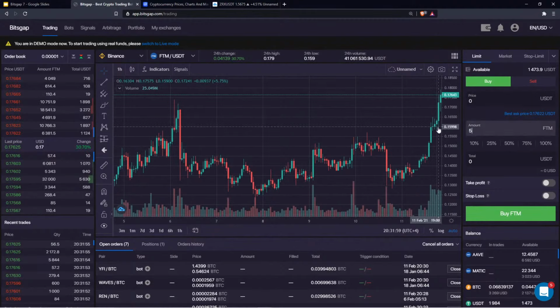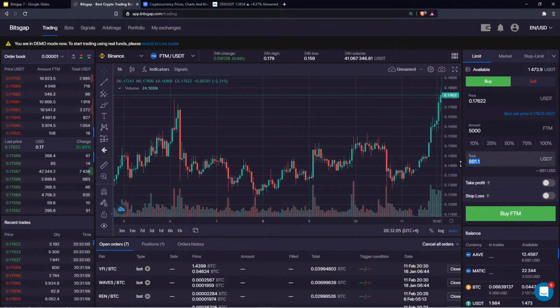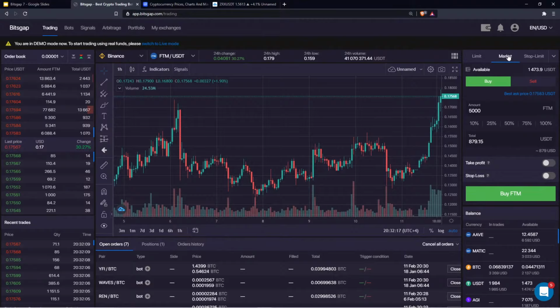It was around 5,000, right? So at the current price you can buy it with a limit buy order. But remember that buying or selling with a limit order means you spend less on fees, whereas market orders are first priority orders, so for this instant execution you spend more fees.